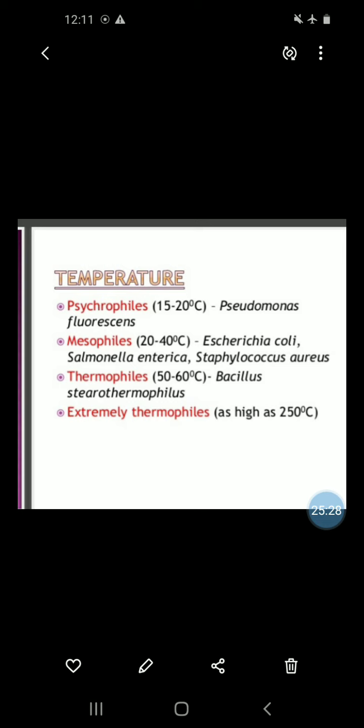Then thermophiles, it means 50 to 60 degrees Celsius, for example Bacillus stearothermophilus. Here we can see the temperature of each and every category. And extreme thermophiles, at as high as 20 to 50 degrees Celsius.